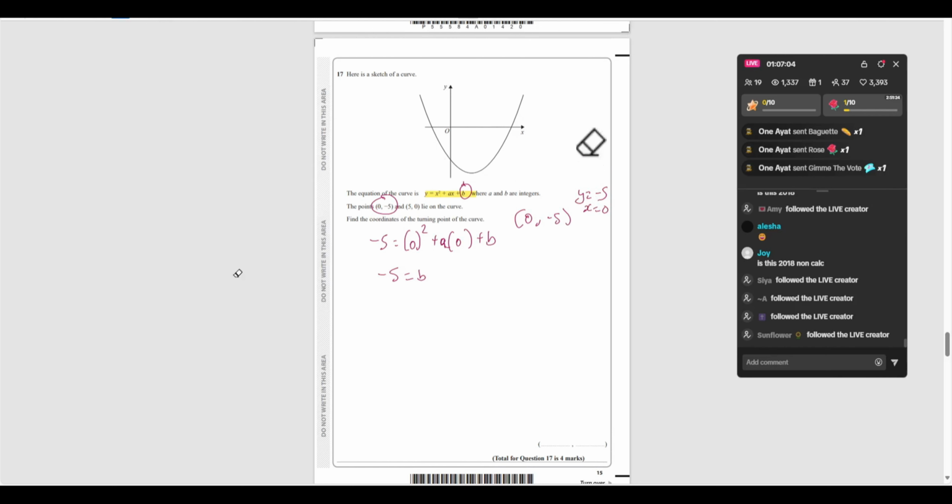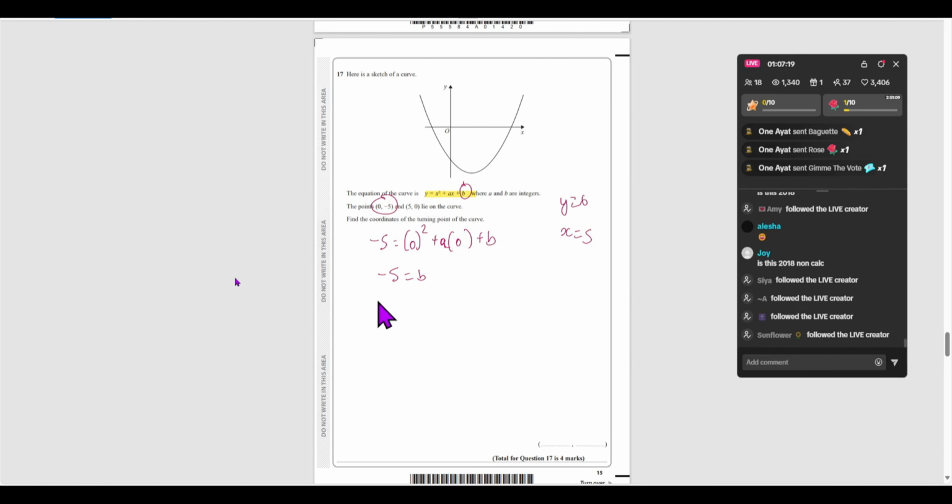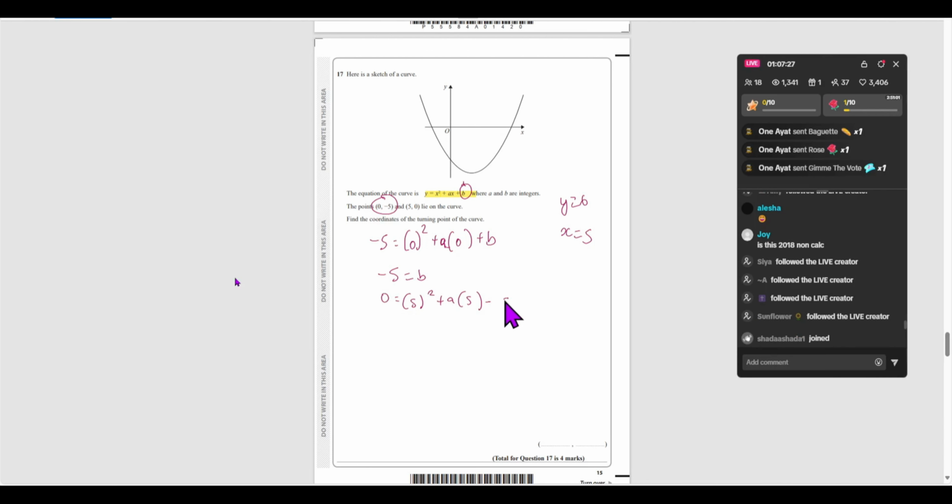Now we're going to use our other coordinate, which is (5, 0). Then y is going to be 0, and x is going to be 5. So now I'm going to use the equation: 0 is equal to 5 squared plus 5a minus 5.